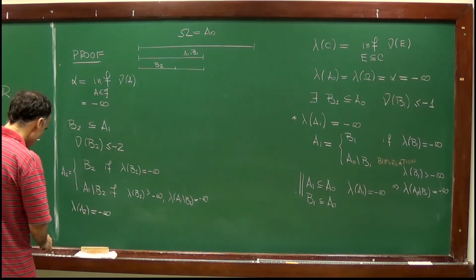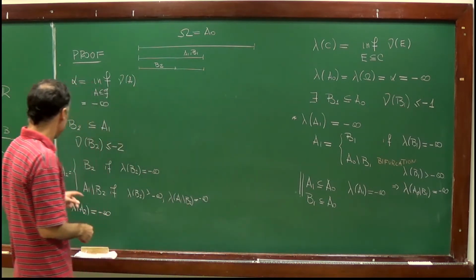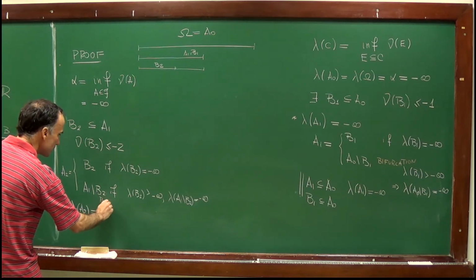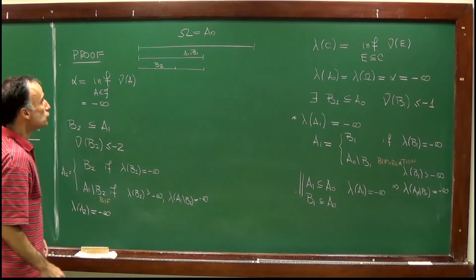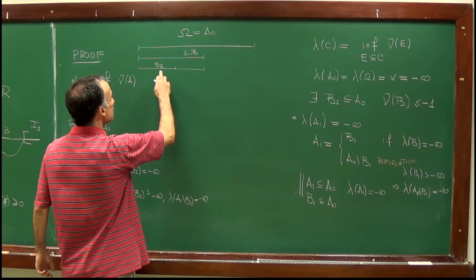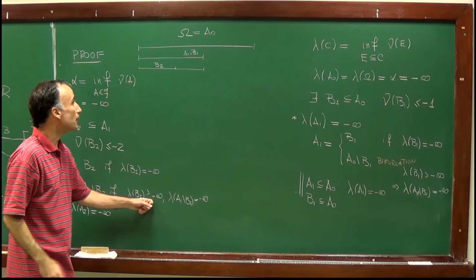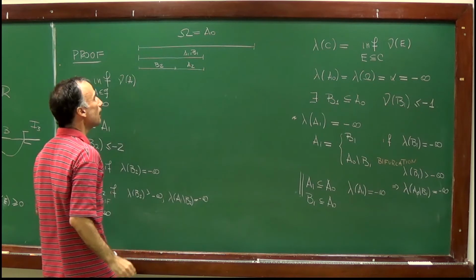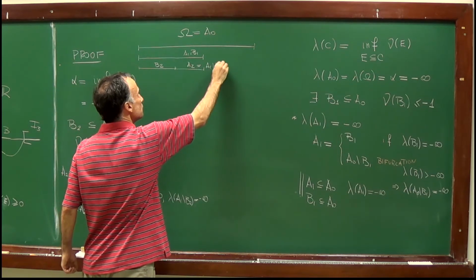And again, if I define a2 as a1 minus b2, I'll say that there is a bifurcation. So let's say that in my example, lambda of b2 was strictly bigger than minus infinity, and therefore we set a2 equal to a1 minus b2.